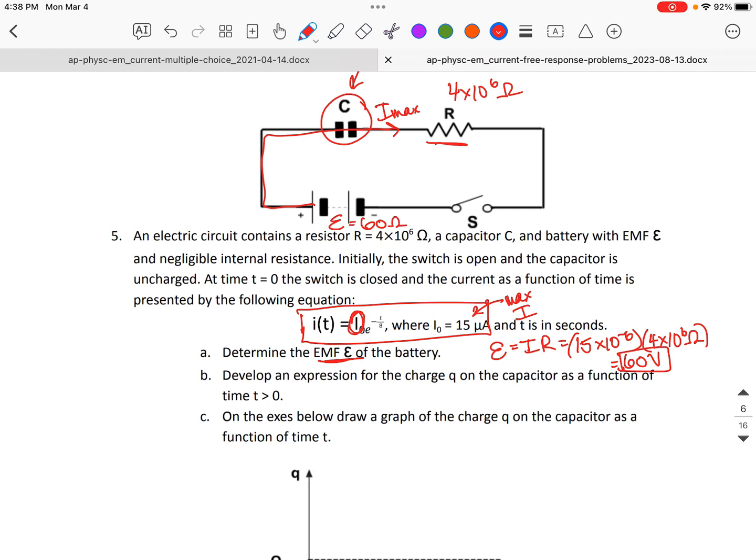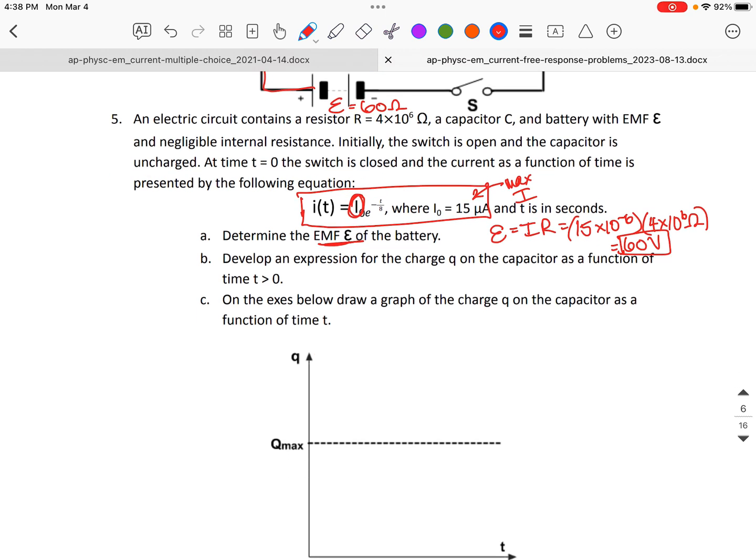From there, we need to develop an expression for the charge on the capacitor as a function of time. So what we know, and this is in our equation sheet, is that current is equal to change in charge over change in time, so the amount of charge that flows over a certain amount of time. In this scenario, I have an equation for the current with respect to time.